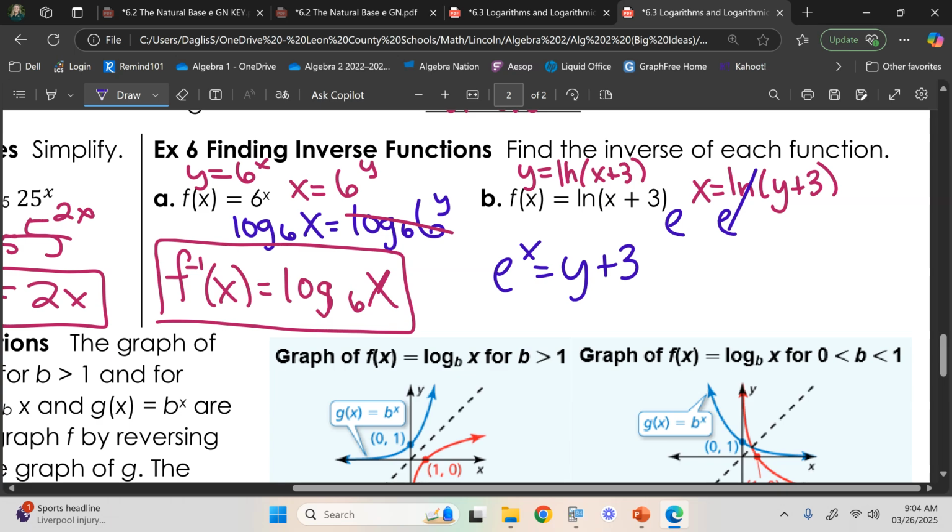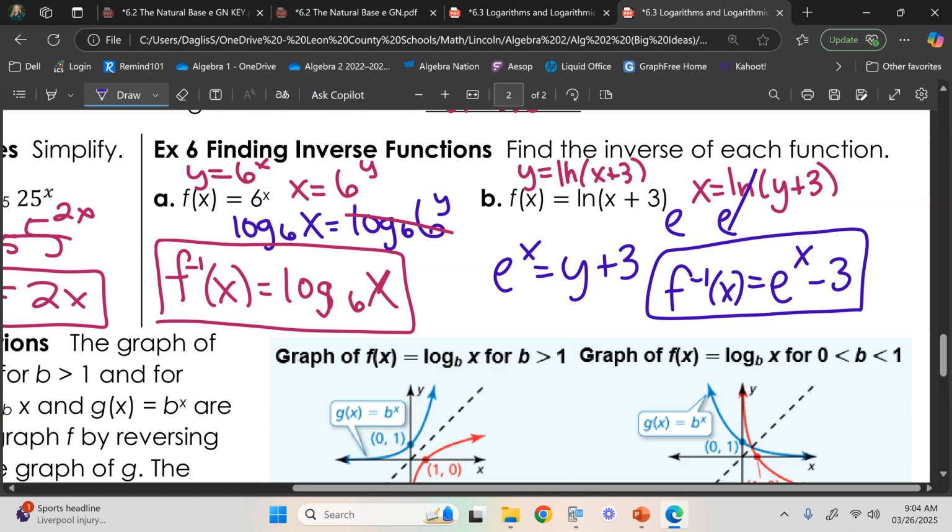All right, final step is going to be to subtract 3, right? So we have our inverse function is going to be e raised to the power of x and then minus 3. That is the inverse of natural log of x plus 3.